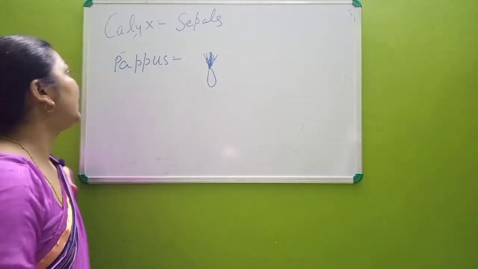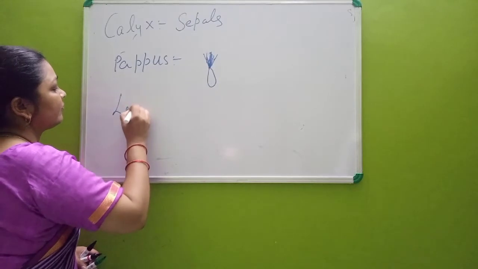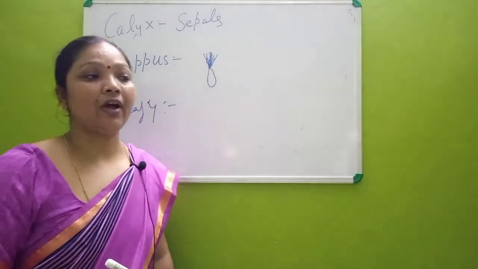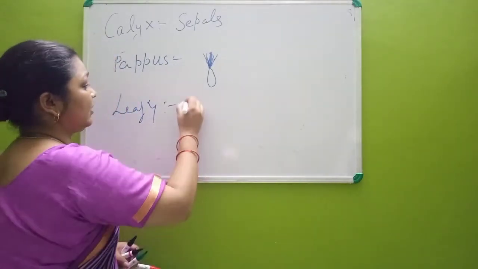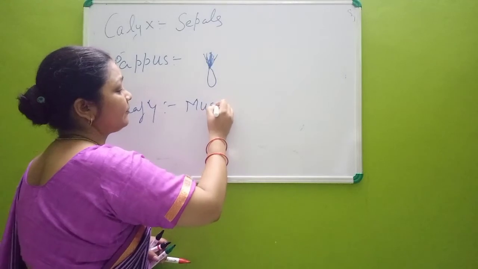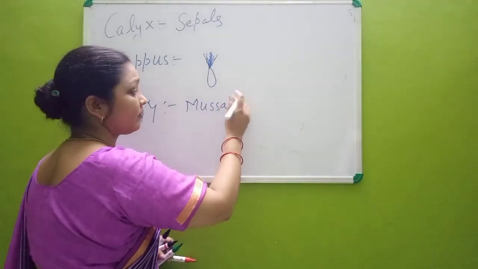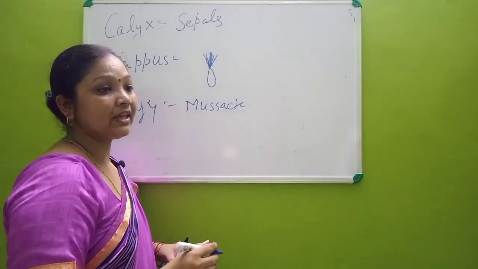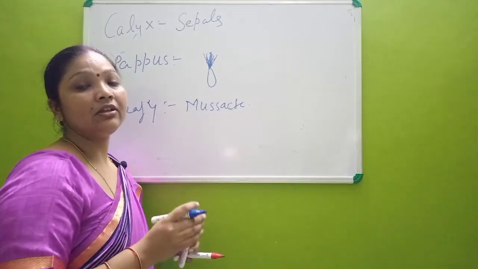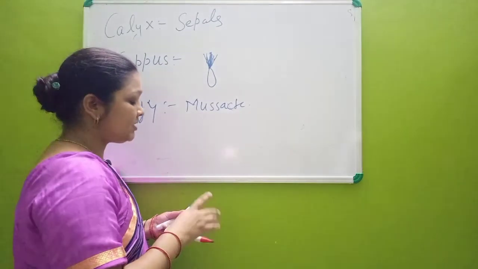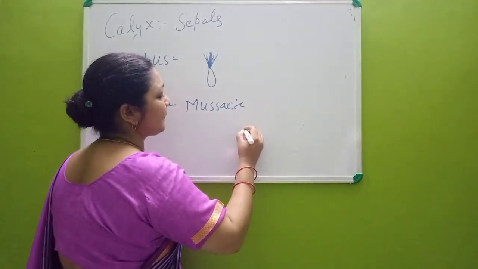The other one is the leafy structure, and that is found in Mussaenda flower, in which the sepal forms a leaf-like structure.